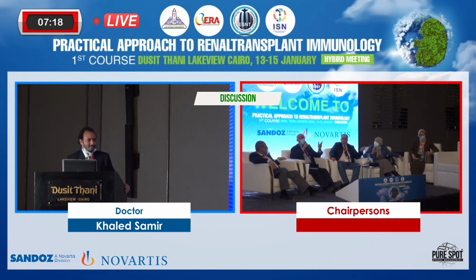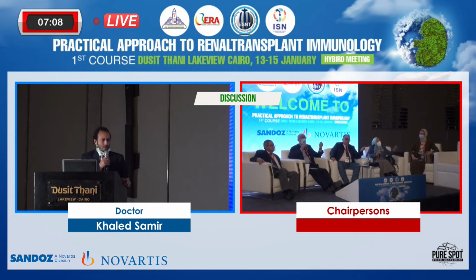The positive PRA يا دكتور مدحت, يعني هو anticipating ان في antibodies. But he did single antigen beads and it was negative for class 1 and class 2, correct? The last 4 were done negative. And it is HLA matched. So this is not just 6, these are 2 haplotype matched because these are siblings.